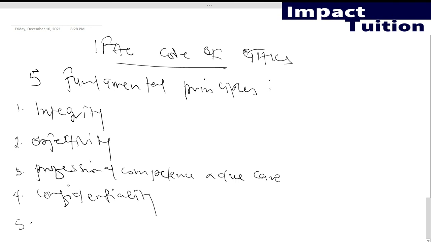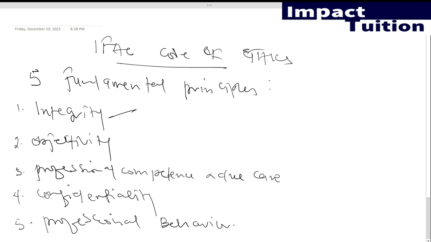And then five, professional behavior. These are the five fundamental principles. We discussed them briefly.